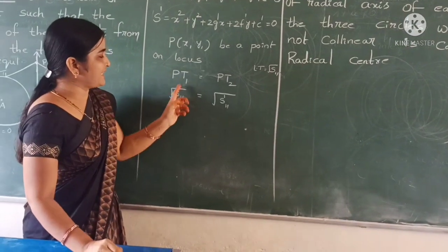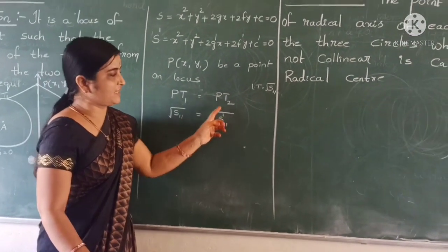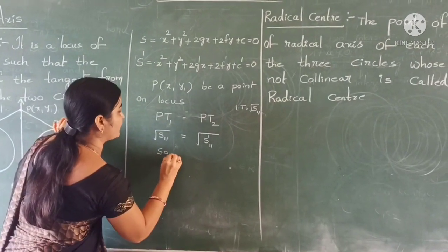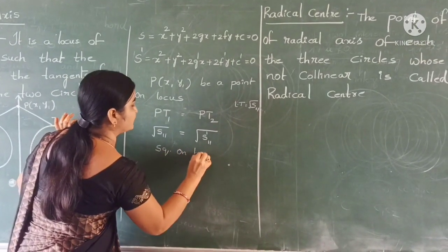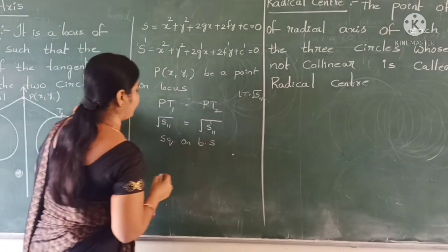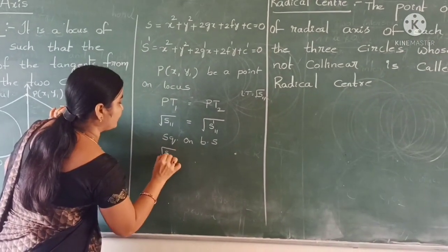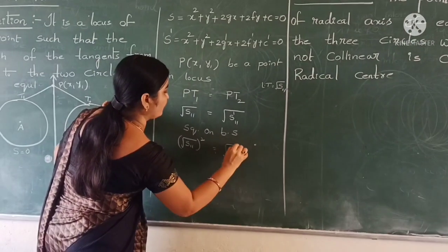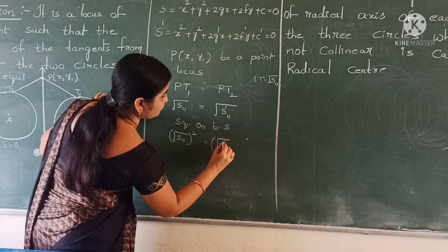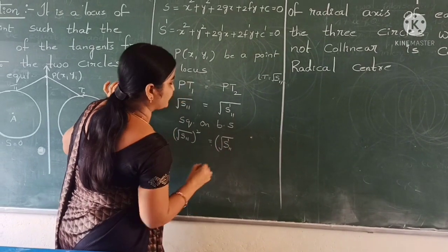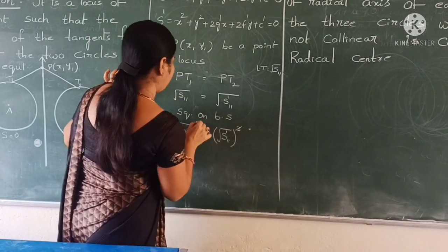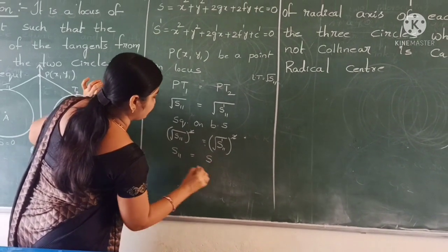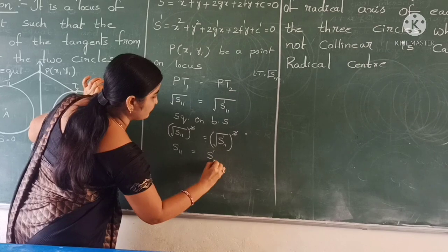This is the tangent of the first circle, this is the tangent of the second circle. Squaring on both sides, root over s11 whole square is equal to root over s dash 11 whole square gets cancelled. So s11 is equal to s dash 11.